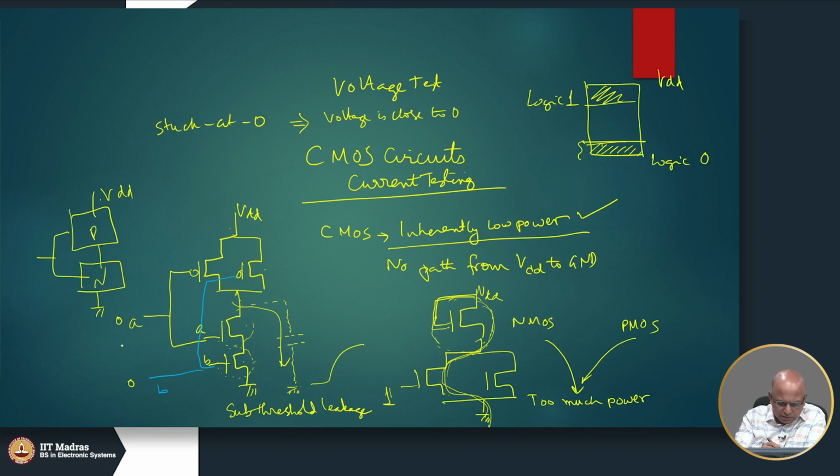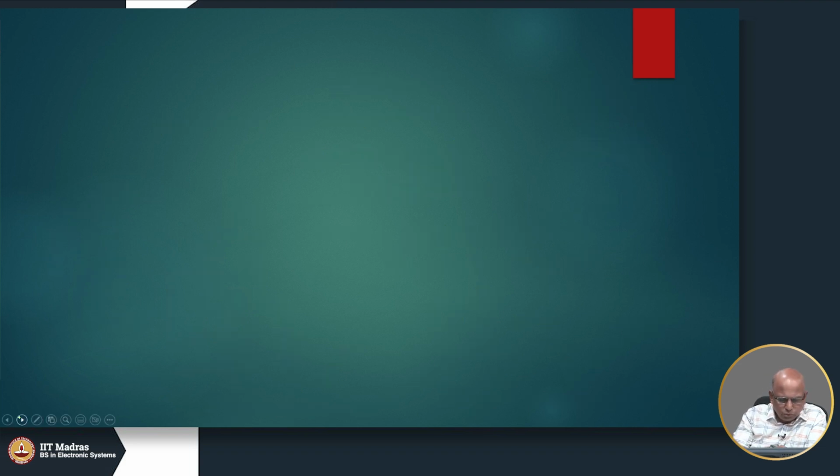So if I applied 0 0, both of these are on, and these are like high resistors, and there is a circuit here. A small current will flow. The amount of current, if you look at only one gate, is not a big deal. It's very small.